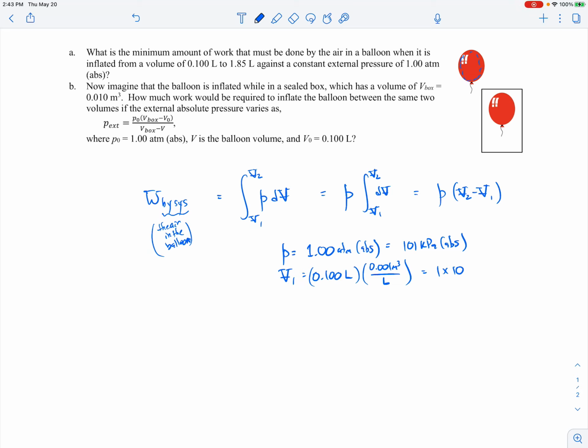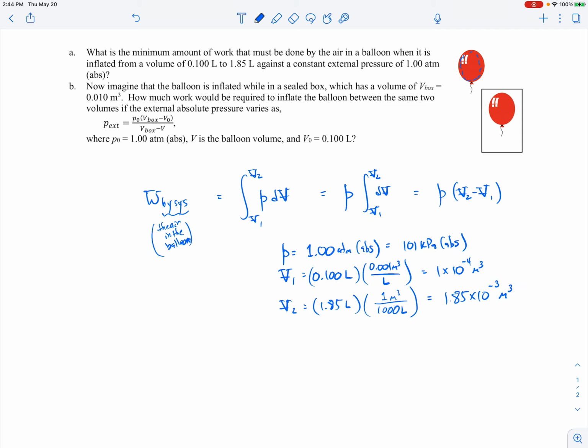No, I'm sorry, I made a mistake there. That should be 1 times 10 to the minus 4 cubic meters. And then V2 is our 1.85 liters. So again, 1 cubic meter is 1,000 liters, so that'll be 1.85 times 10 to the minus 3 cubic meters.